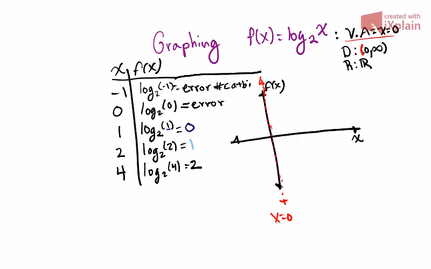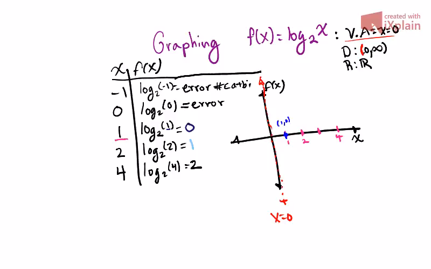All right, at x equals 1, and then at x equals 2, and then 3, and then 4, right? Well, essentially, when x equals 1, I get 0. So I'm going to get this point right here at (1, 0).